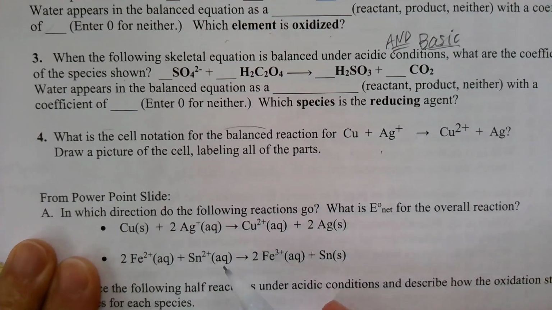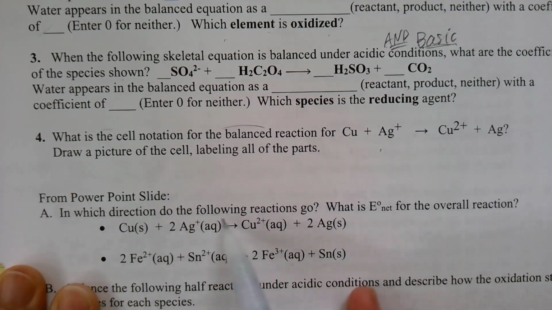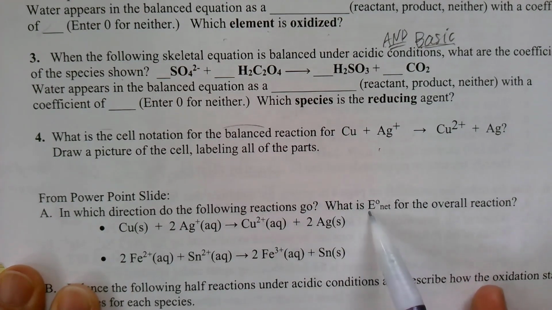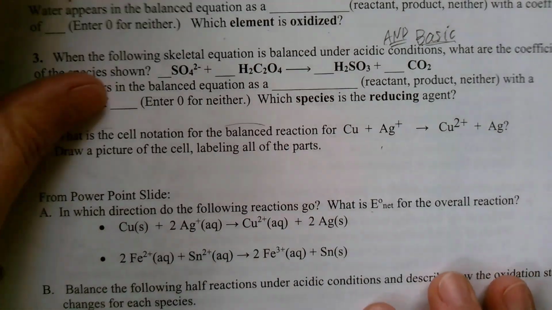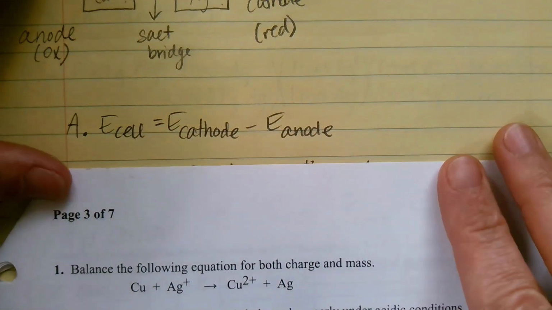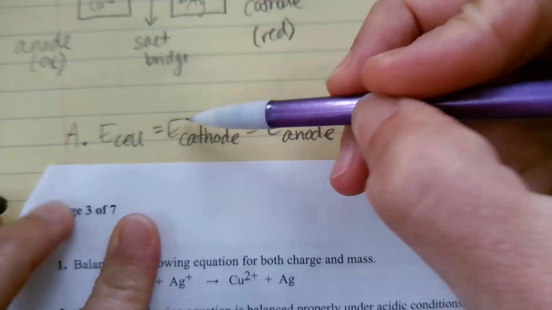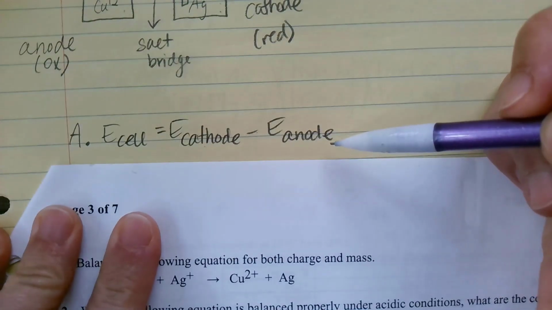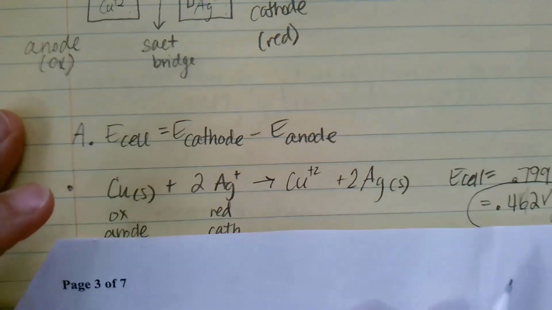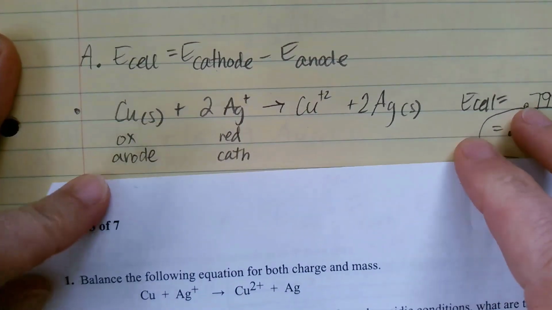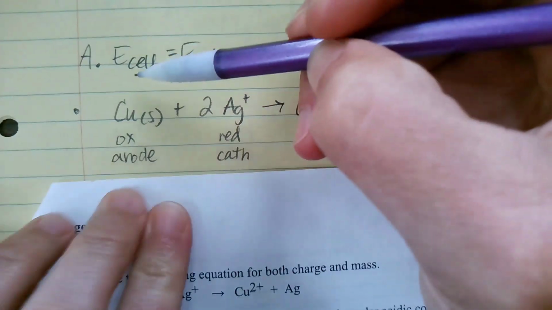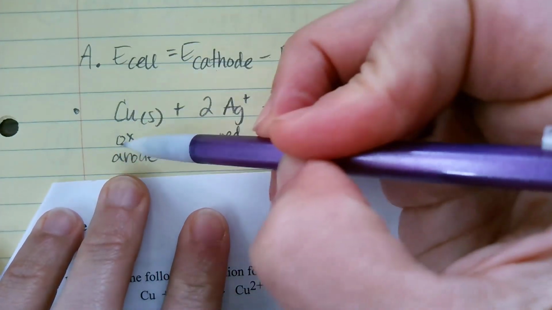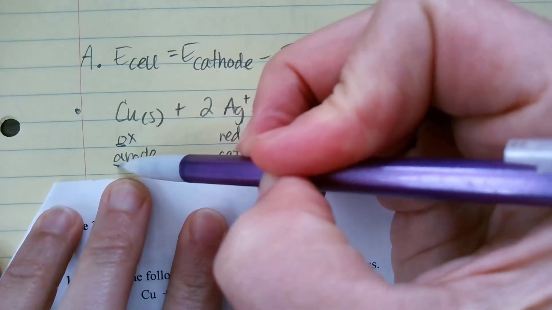Now for this part of the question, it wants to know which directions do the following reactions go. What is the E net for the overall reaction? Well, to find our E cell, it is E cathode minus E anode. So when we're looking at this equation, we need to first figure out who's being oxidized and who's being reduced, because whoever's being oxidized is the anode.